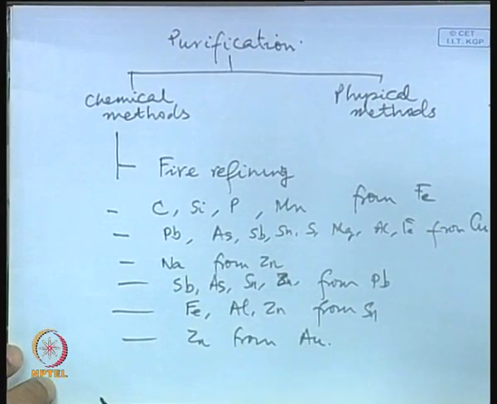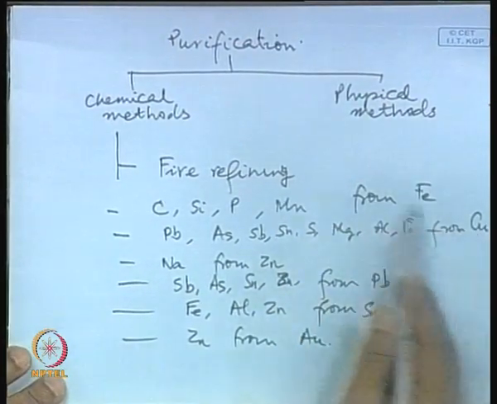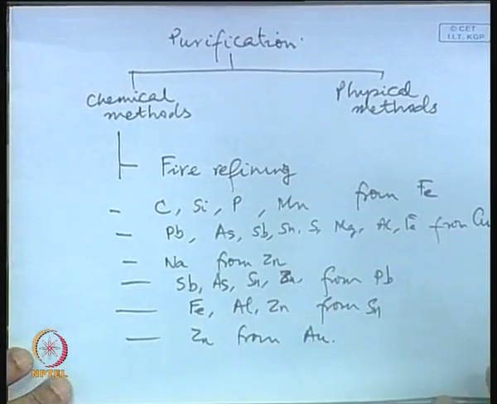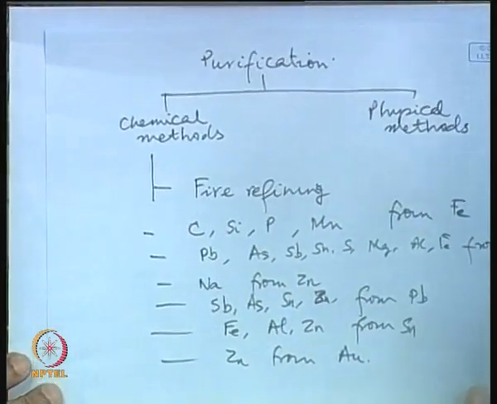Now, in all these cases, the things that are being removed obviously are forming more stable oxides compared to the metal that you want to purify. When we come to discussing production and purification of individual metals, some of these will be repeated.